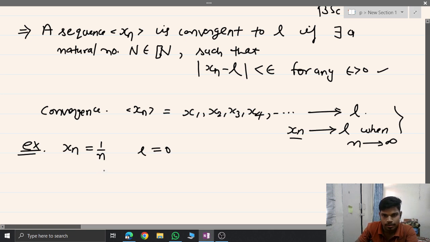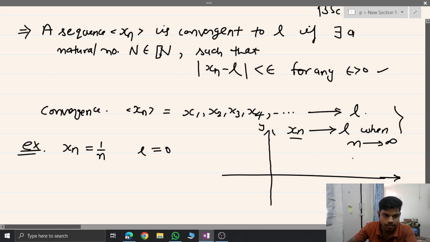We will understand by the definition and intuitively also. Firstly, we are going to understand by a graph, just taking points. Suppose this is my xy plane, this is x and this is y. I'm plotting the sequence here.